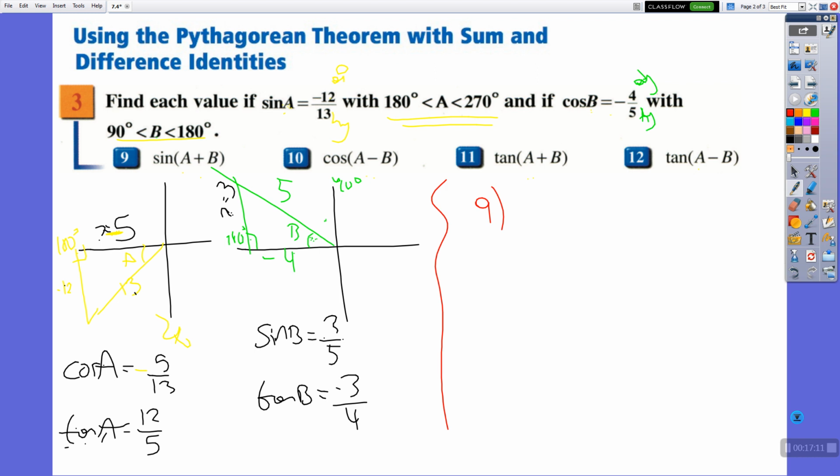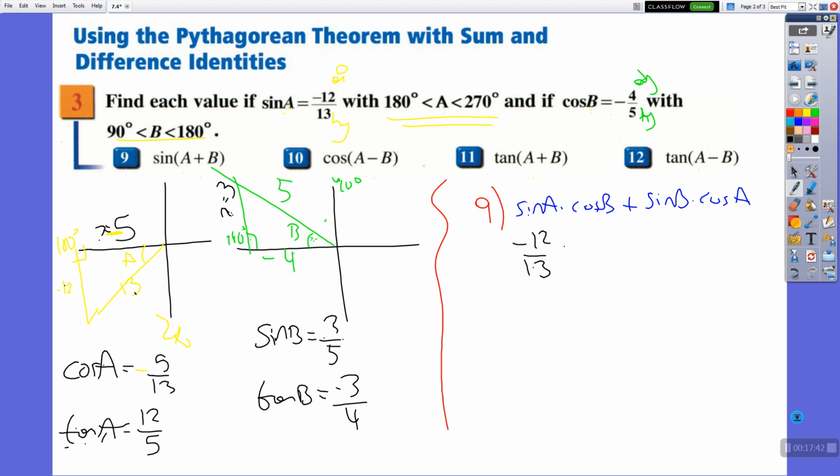Question 9. Let's write the expansion. Sine A cosine B plus sine B cosine A. So sine A, we were given this as negative 12 over 13.